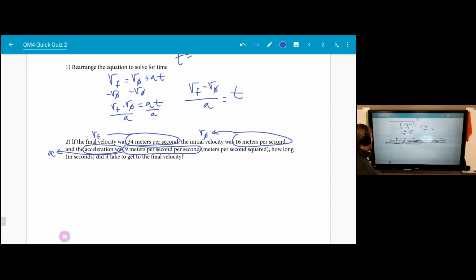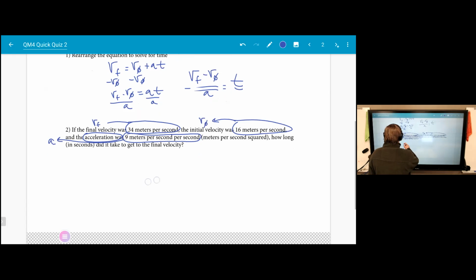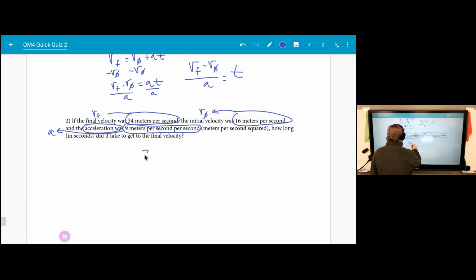How long in seconds did it take to get to the final velocity? In other words, we've rearranged it for t, so plug the stuff in and find t. Well, v sub f was 34 minus v sub 0 was 16, divided by 9, because that was our acceleration, will give us our time in seconds.